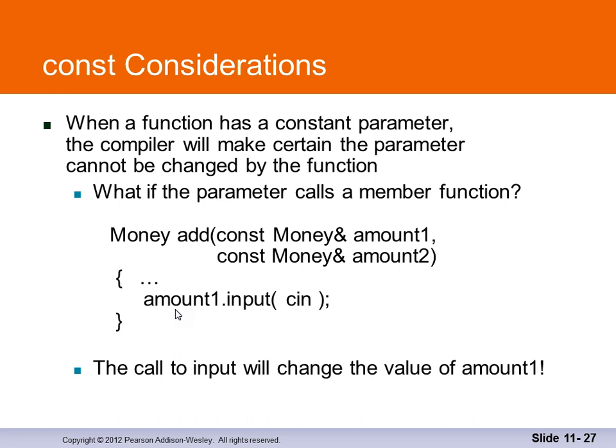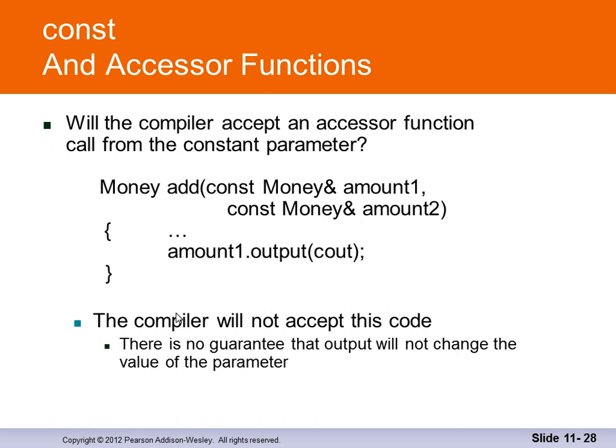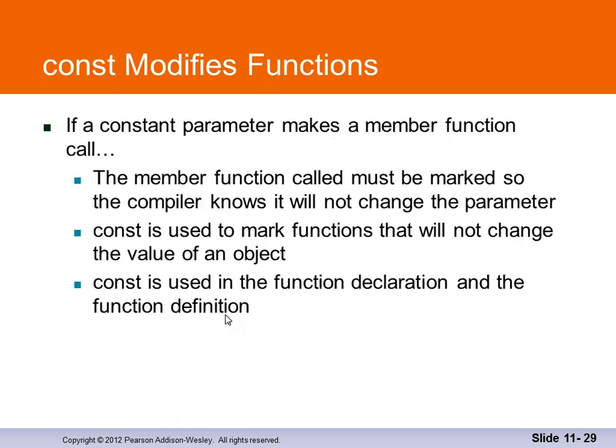This is a problem. So the consequence is that we have to make sure this input function does not modify any data member of amount1. And C++ came up with a solution for this. This is the solution in terms of syntax.